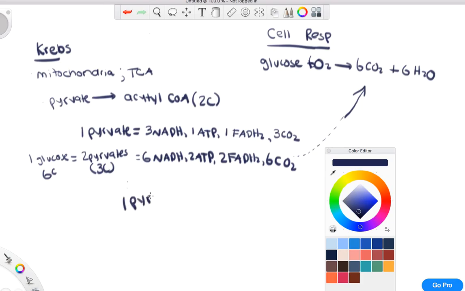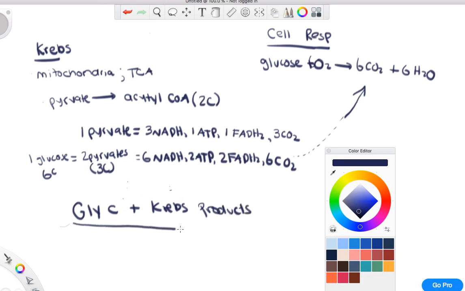So if we add up all the stuff from glycolysis and the Krebs cycle, let me just write this down for you. Products. I'm actually only putting the energy products here.